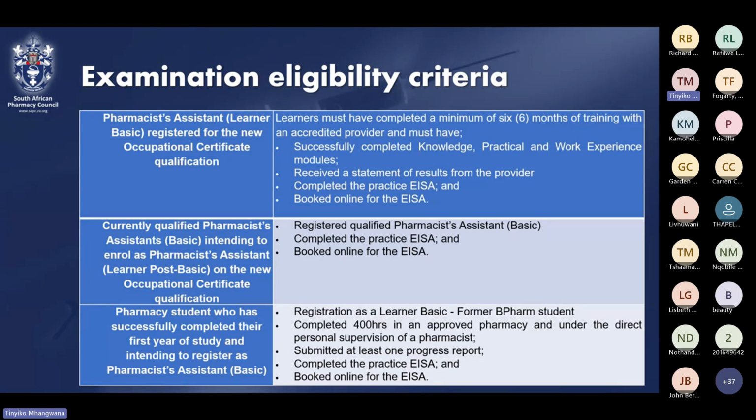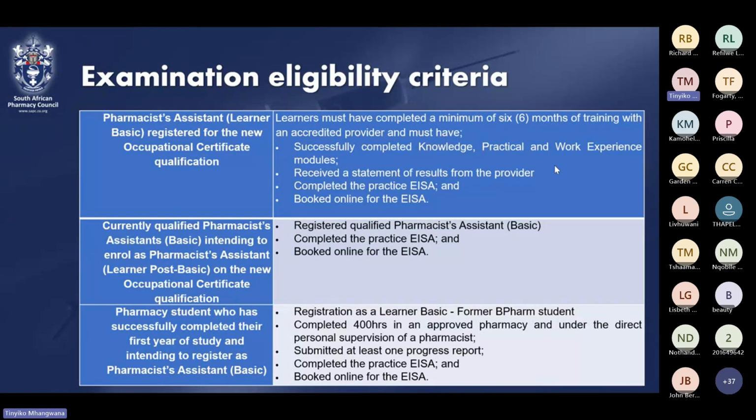The last category of people that can enroll for the EISA exams are those that have done BPharm first year, who have completed first year. They should go to an approved pharmacy and work under the direct supervision of a pharmacist to complete 400 hours.